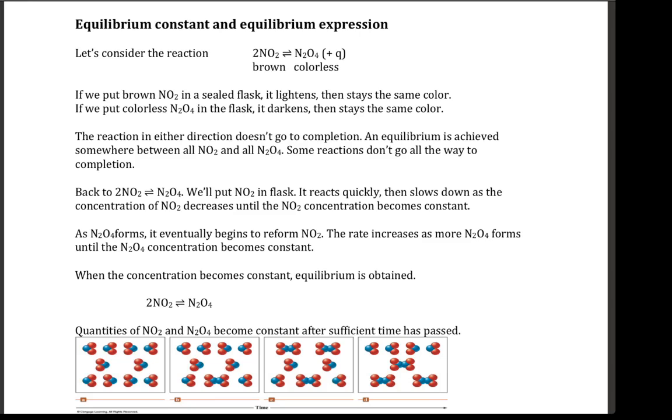As N2O4 forms, it eventually begins to reform NO2, and the rate increases as more N2O4 forms until the N2O4 concentration becomes constant, and the color persists. When the concentration becomes constant, equilibrium is obtained. That's what we call equilibrium. It's in chemical equilibrium.